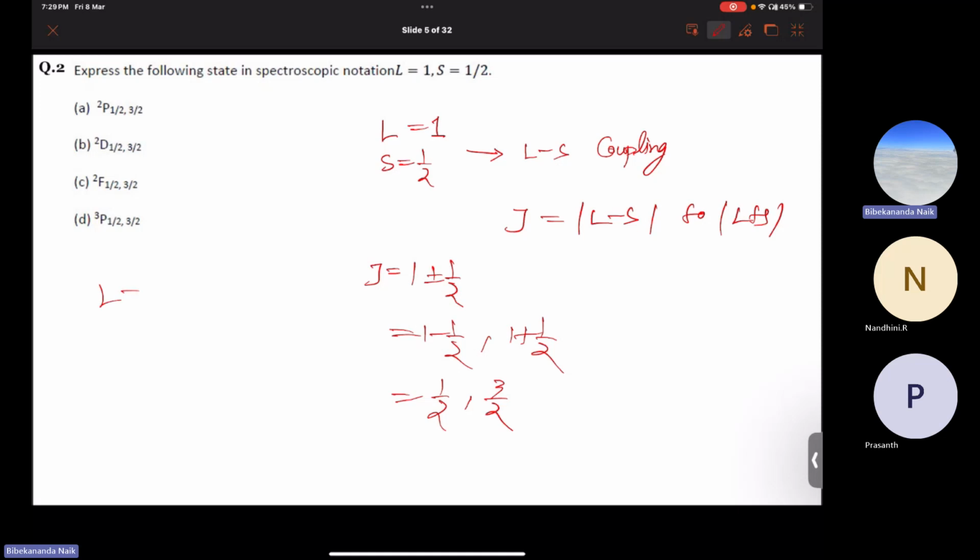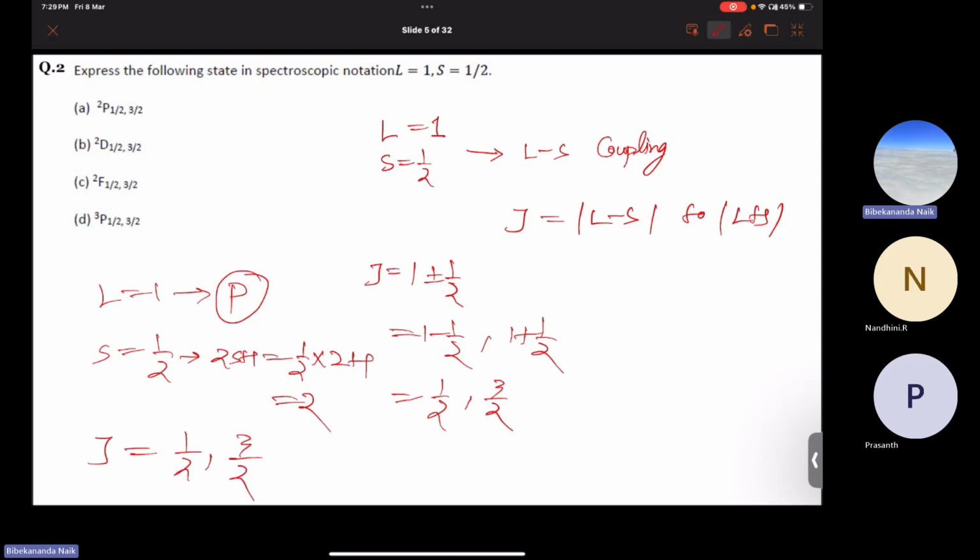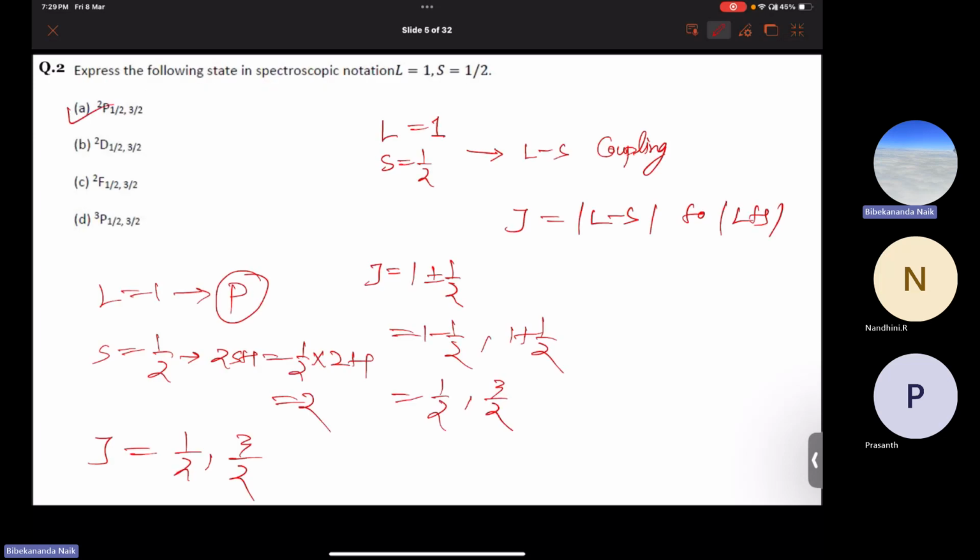For L equals 1, it will be P. S equals half means 2S plus 1 is half into 2 plus 1, which equals 2. J is half and 3 by 2. So the spectroscopic term is 2p half and 3 by 2. So the correct option is option A again.